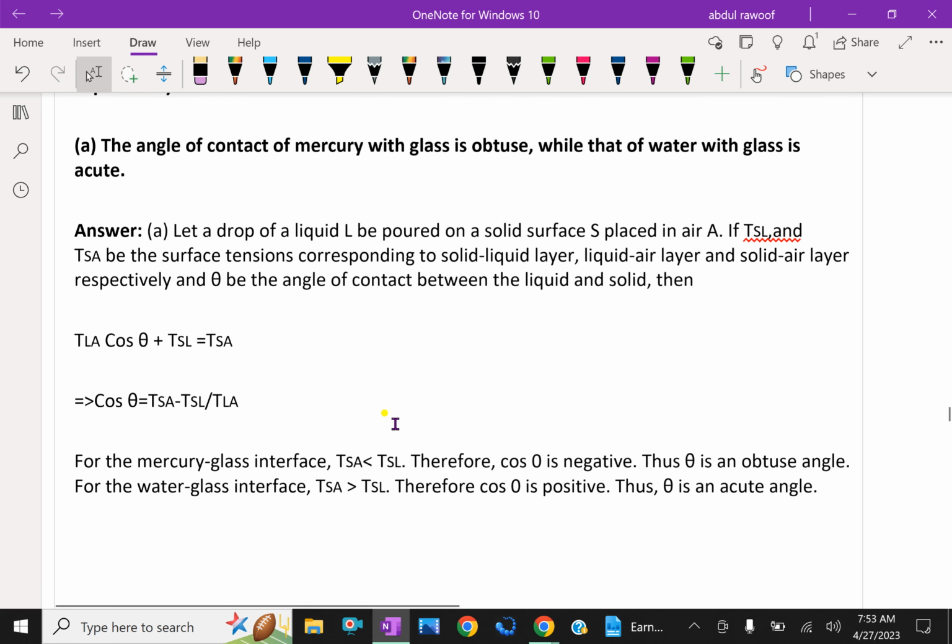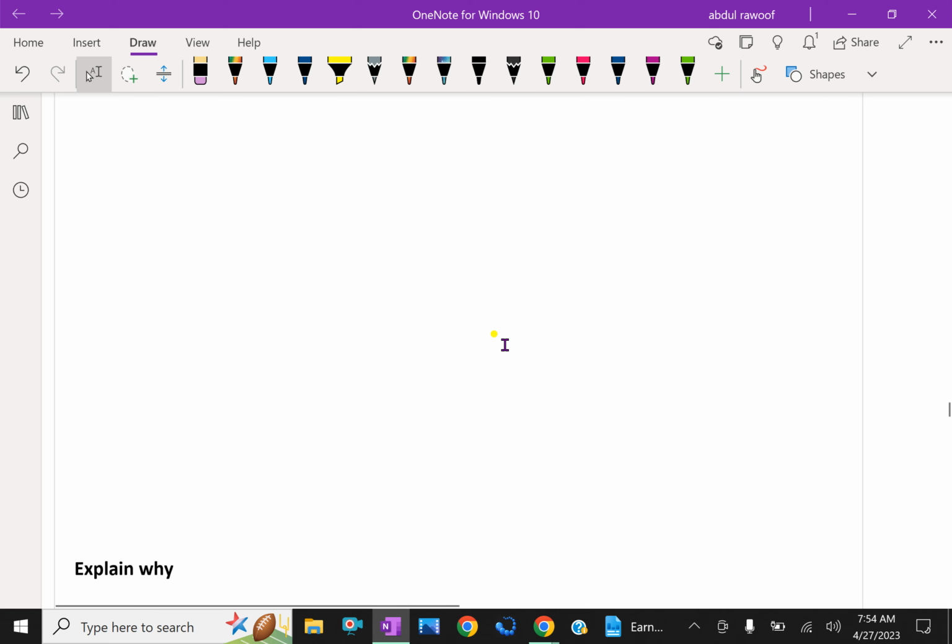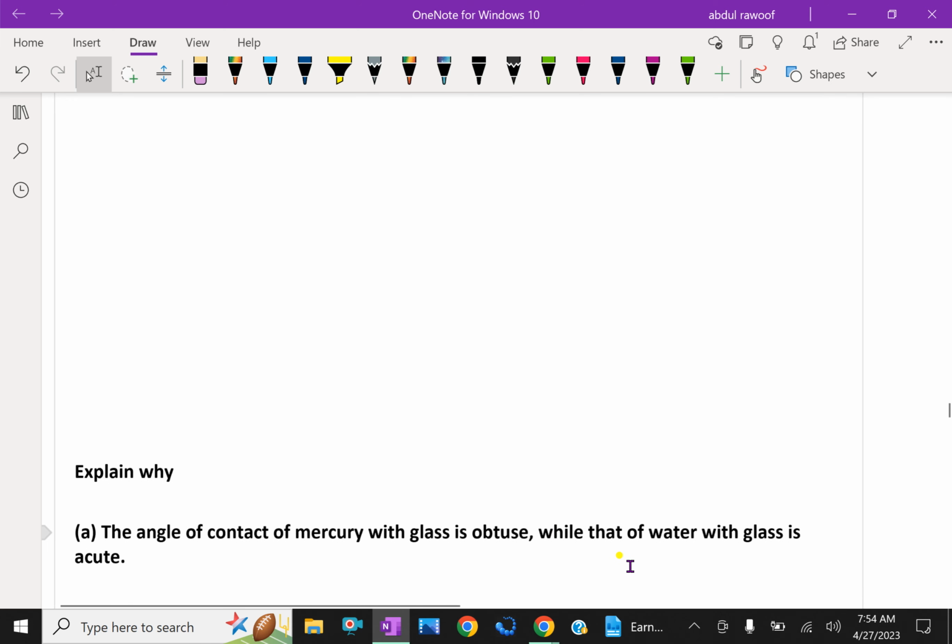Next question. Explain why the angle of contact of mercury with glass is obtuse while that of water with glass is acute.